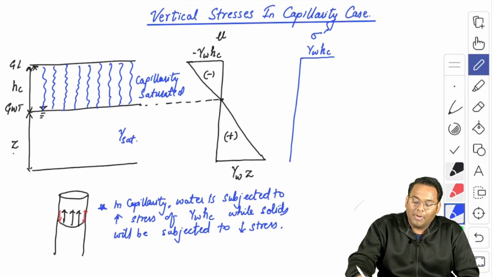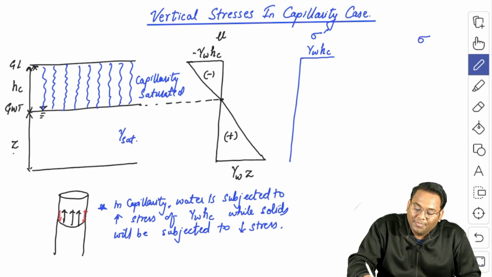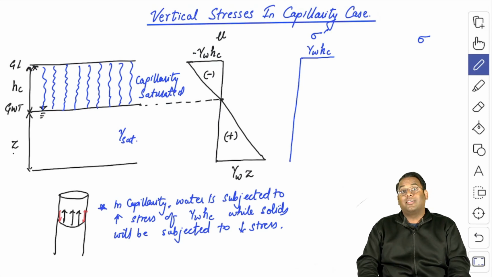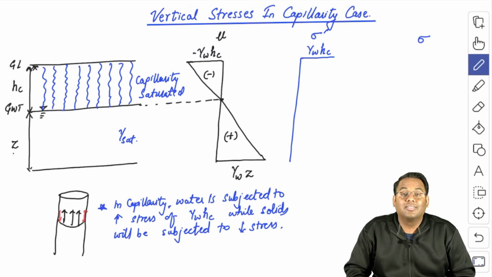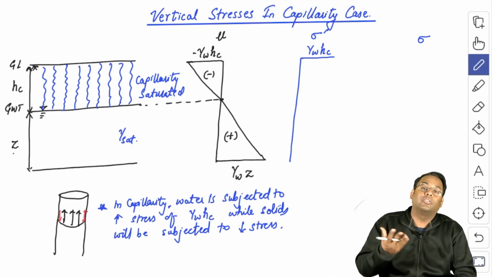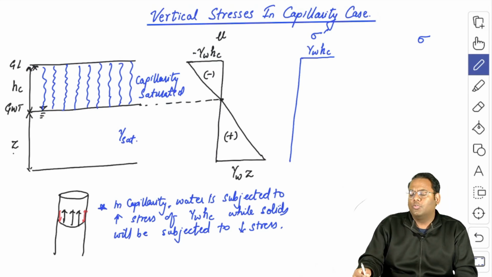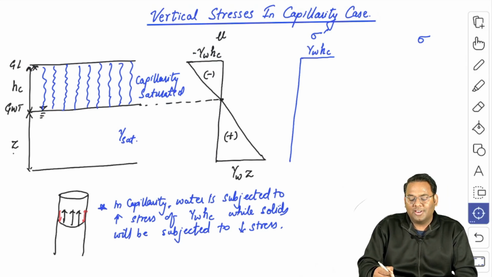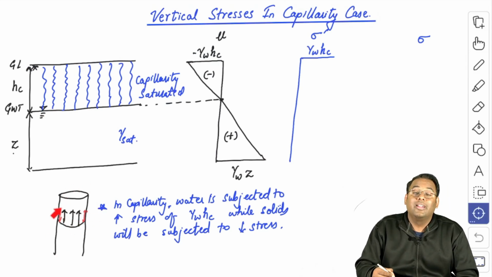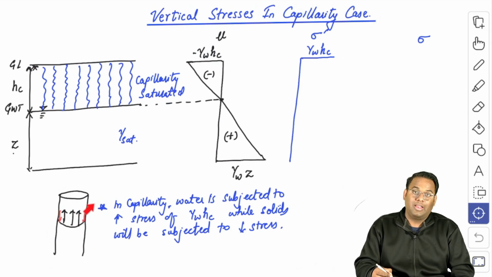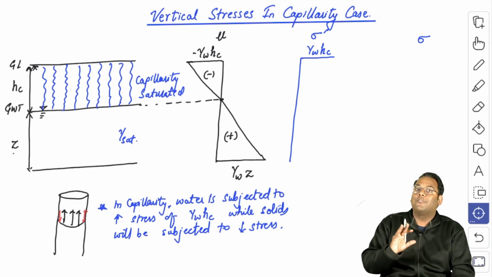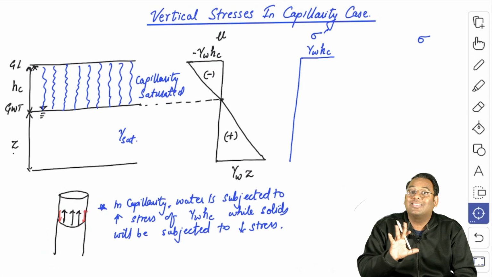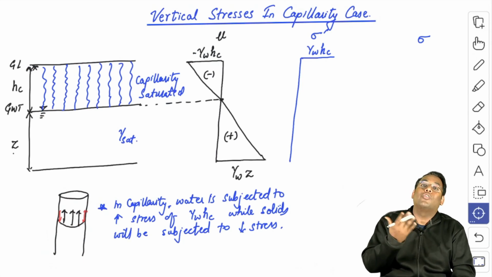But if I am talking about the total stress, so what is total stress? The total stress is the overall force acting on the soil. But if I ask what this surface tension force is for this particular system, it is the internal force. Yes, it is the internal force, but weight is actually the overall force.